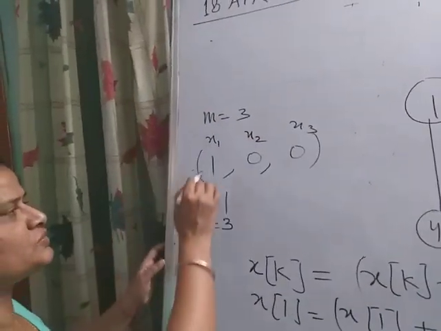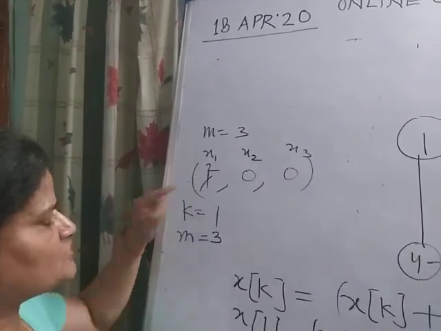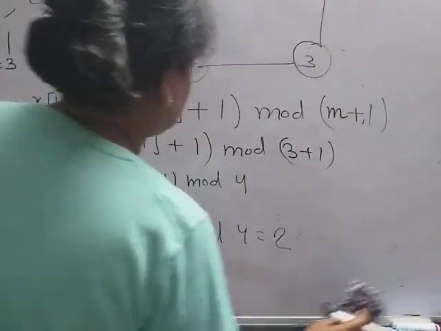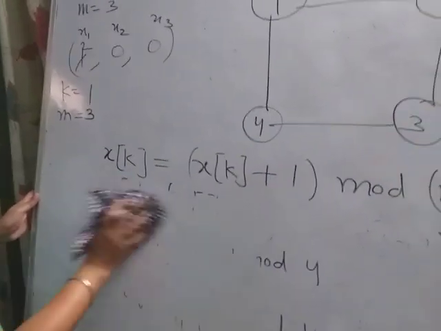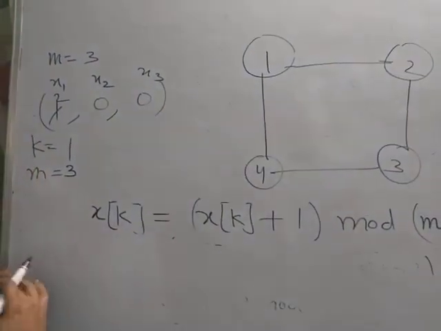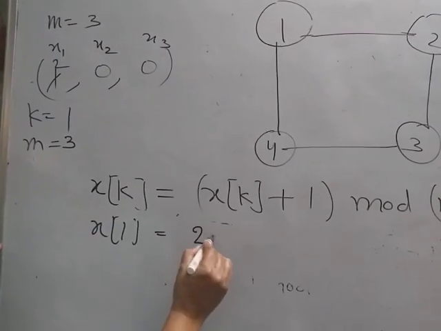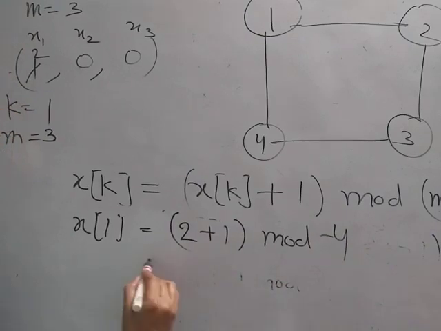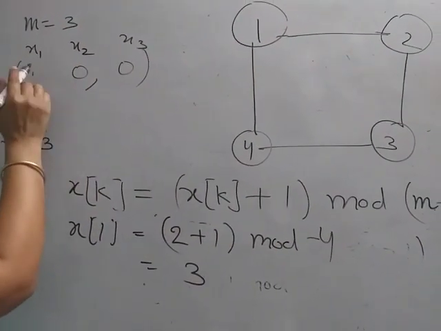So the next value for x1 is 2. Again, when the new value of x1 is 2, then 2 plus 1 mod 4 is 3. So the next value is 3.